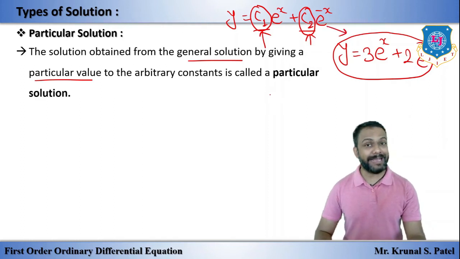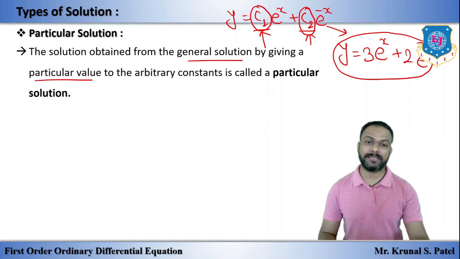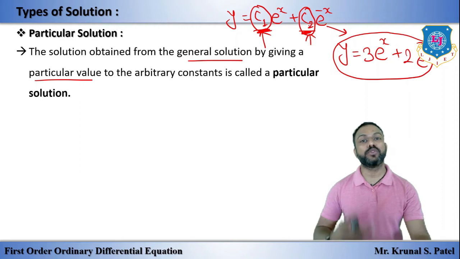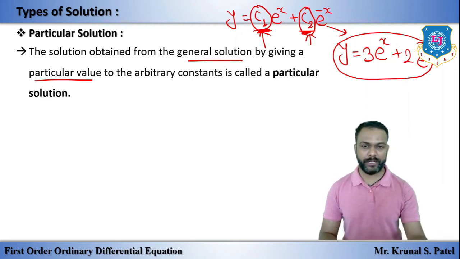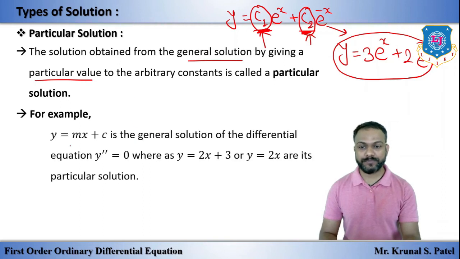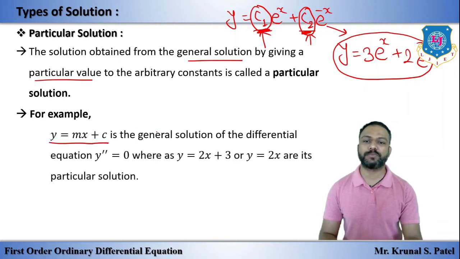But in examples, we will not just take any constants for c1 and c2, we will find them using some condition. We'll learn that later on. Now for example, y is equal to mx plus c is the general solution of the differential equation y double dash is equal to 0.